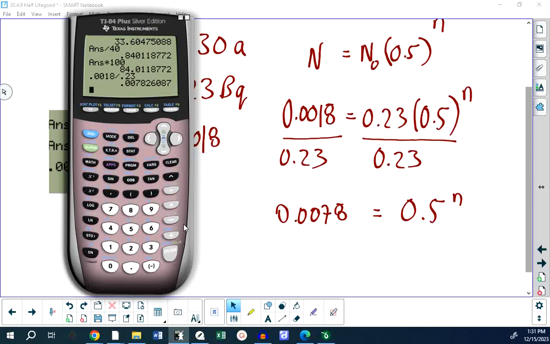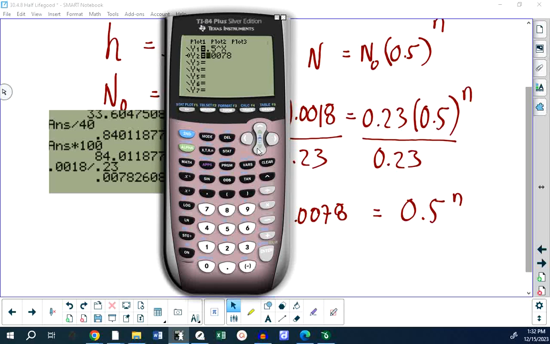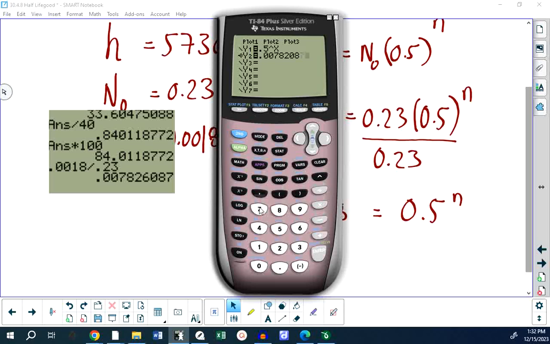I mean, we could graph 0.5 raised to the x and 0.0078. Now keep in mind, y equals 0.0078 means it's a horizontal line down near zero.